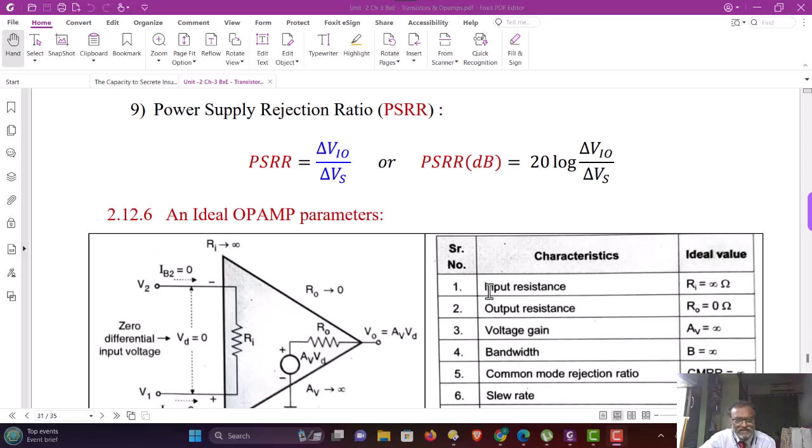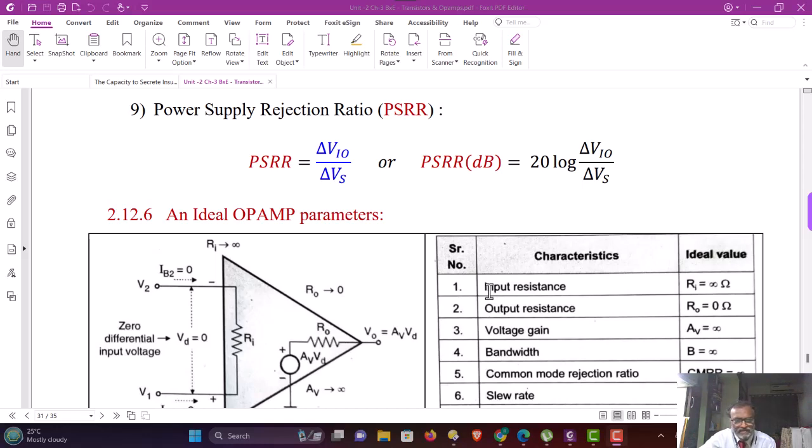No doubt it is a change of a fraction of a millivolt, but the change is there, and that is qualitatively described by the parameter power supply rejection ratio. Power supply rejection ratio is defined as the ratio of change in input offset voltage due to change in power supply Vs. In decibel, it is 20 log of delta VIO by delta Vs.